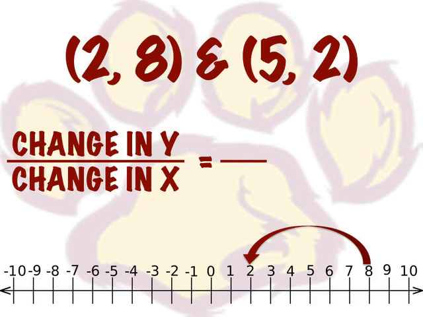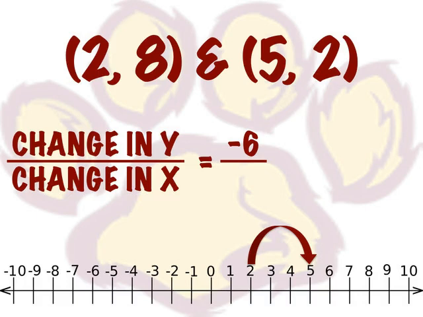So if we look at our number line, we have our arrows start at 8 and move to 2. That is a change of 6. But you'll realize this is a change of 6 to the left. Whenever you move to the left on a number line, those are negative numbers. So our change in y is negative 6.